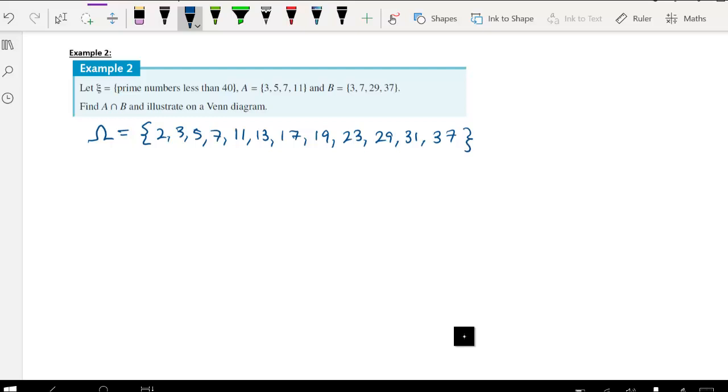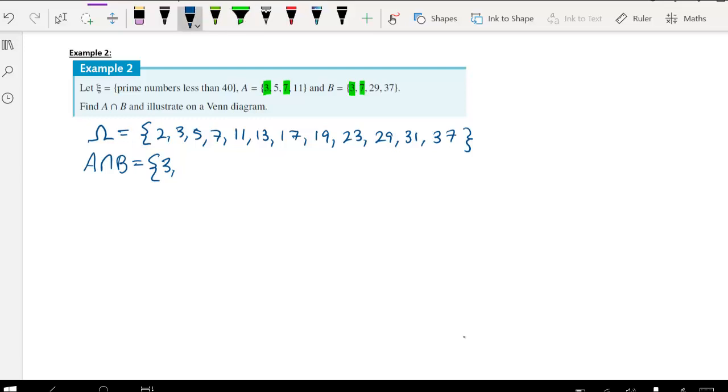We know what A and B are already. We want to look at the set A and B, or A intersection B, and we want to illustrate on a Venn diagram. If we look at A intersection B, we're looking for the values that exist in each. So 3 exists in each, 7 exists in each, and that's it.